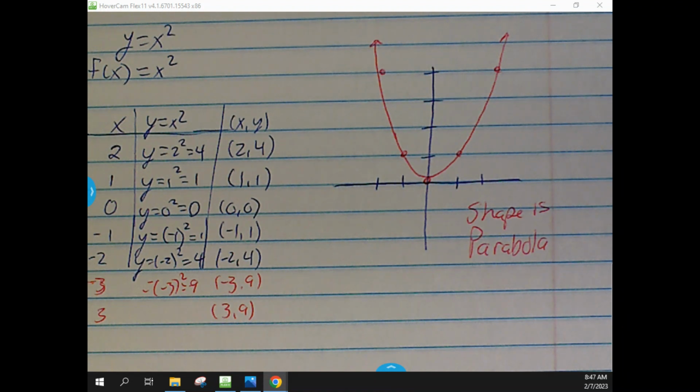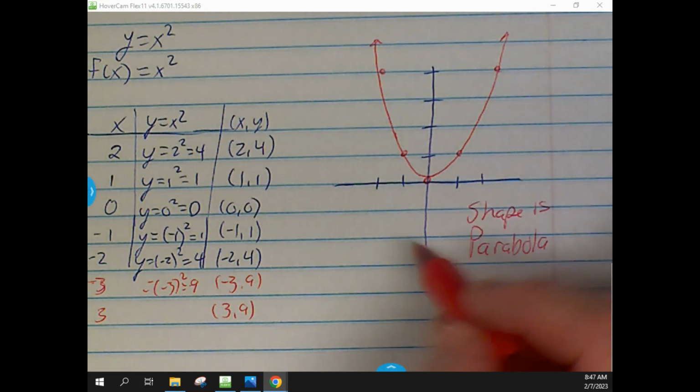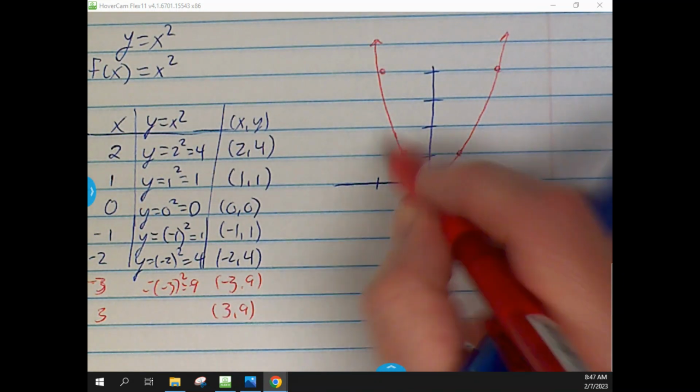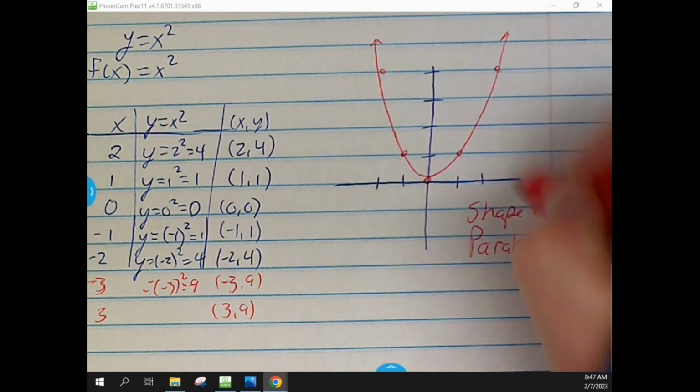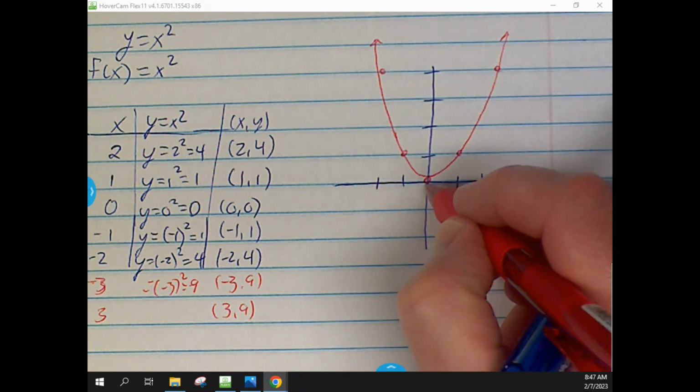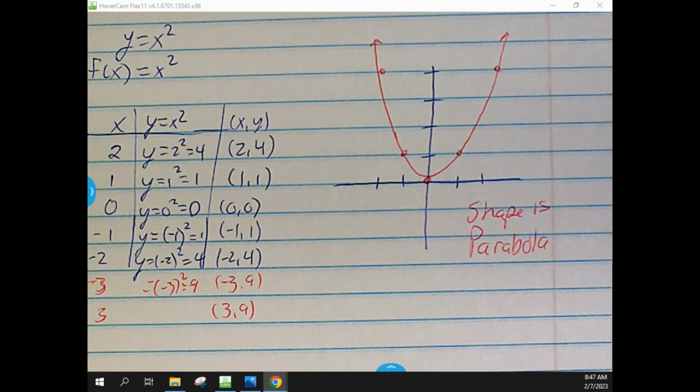All right, and a couple of things that you've got to get from this one. Whenever you have the top or the bottom of the graph, this point that's at the bottom of the graph, or if we were doing the St. Louis Arch, it'd be at the top of the graph, that point that's at the bottom or top of the graph, they call that the vertex.